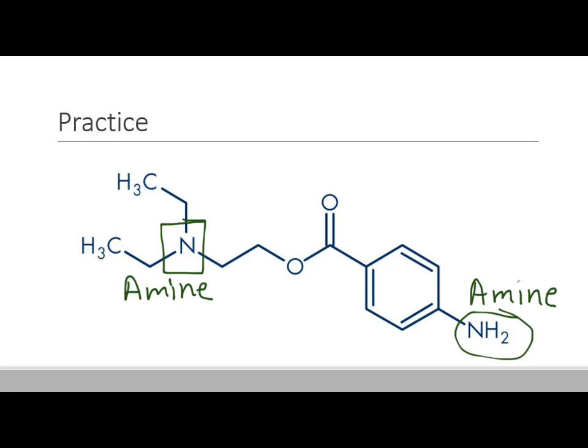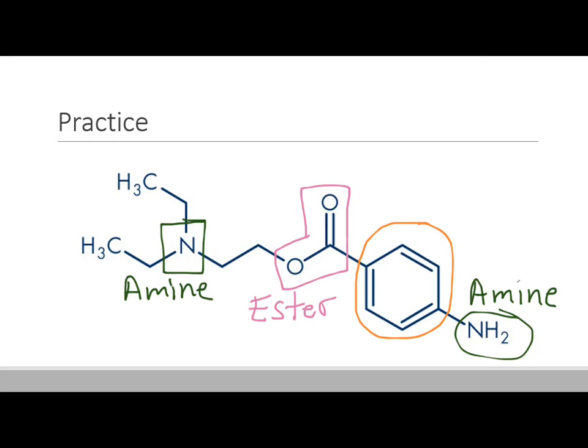Now, what else do we have here? Well, here in the middle, it looks like we have a carbonyl group directly attached to an O that's then followed by some more carbon chains. So a carbonyl carbon directly attached to an OR, that would be an ester. Okay, do you see any others in here? Well, it looks like this thing.